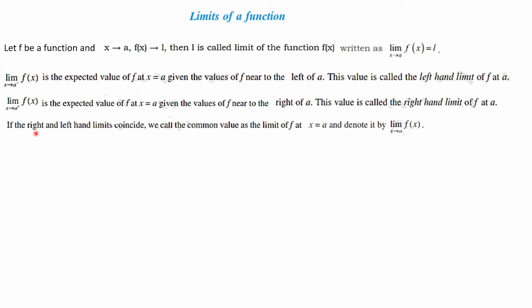If the right hand and left hand limits coincide, we call the common value the limit of f at x is equal to a, and denote it by limit x tends to a, f of x. In the previous example, we concluded that both the values coincide at 2, just approaching 2, so we wrote that the limit of the function is 2.